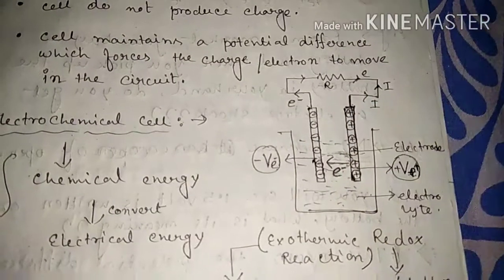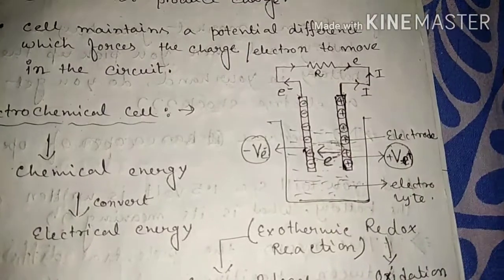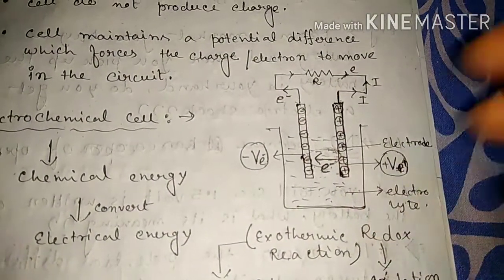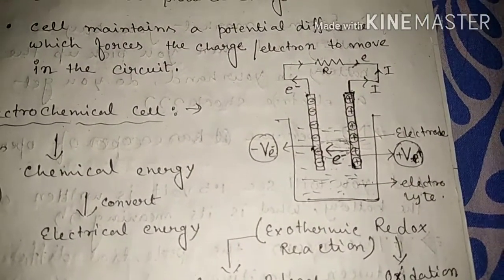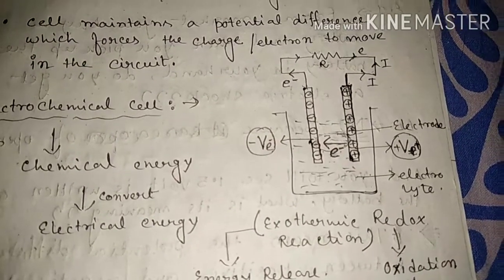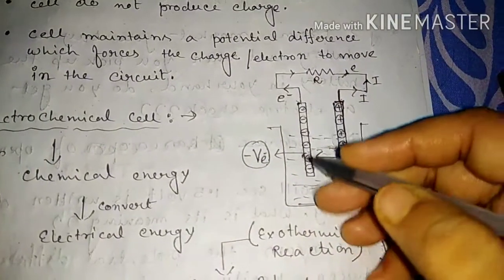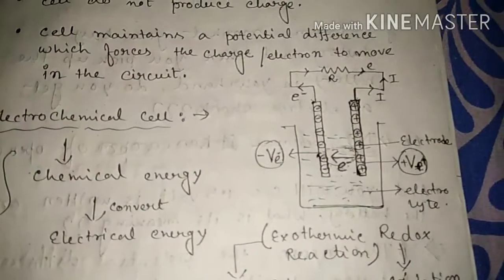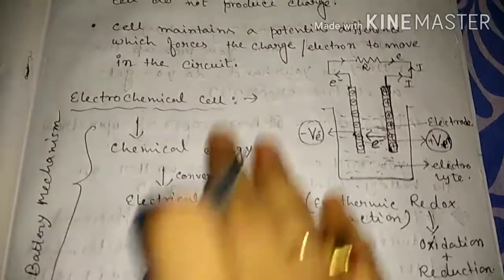So you understand how electrons get energy when they move from positive to negative. We also define that the work done to move a unit positive charge from the positive terminal to the negative terminal is stored as energy. Did you understand this? All this is called the battery mechanism.